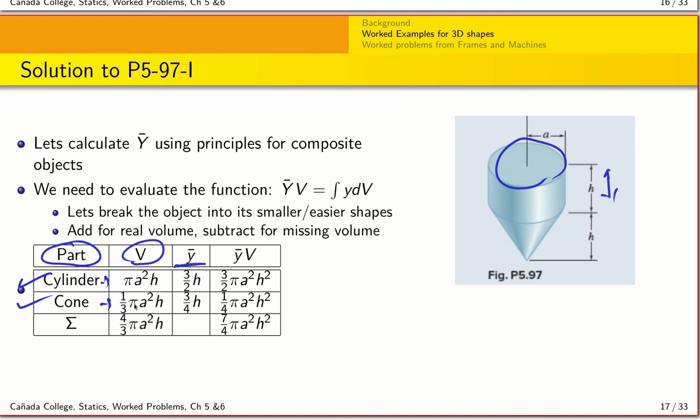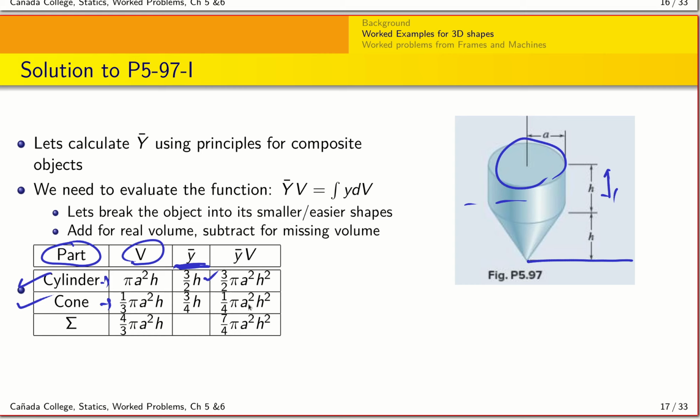Similarly, for my cone, my volume is 1/3 pi a square h, and then I know that the centroid of the cylinder is basically at half the height of the cylinder. So I'm going to take h and add half to it, and I'm going to end up with 3/2 h, right?